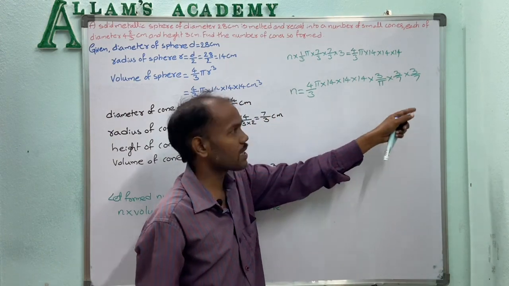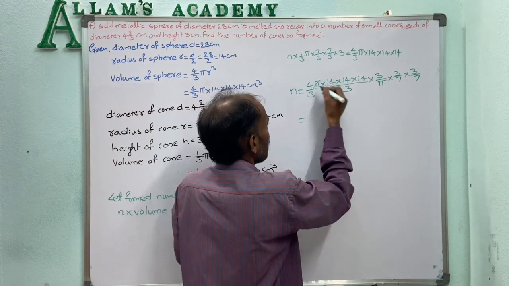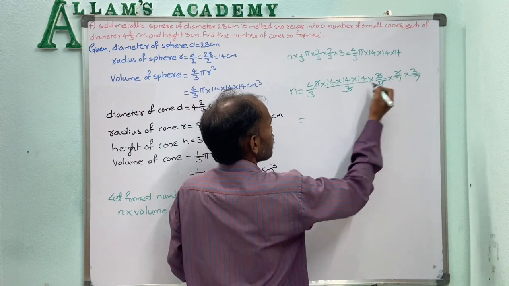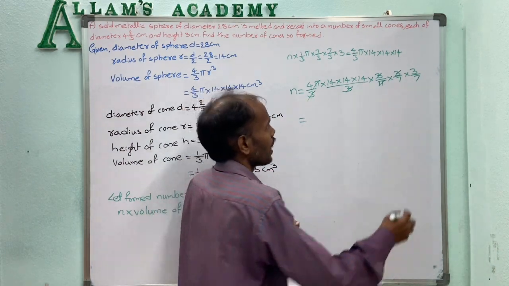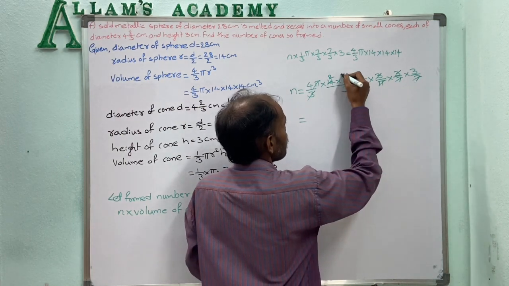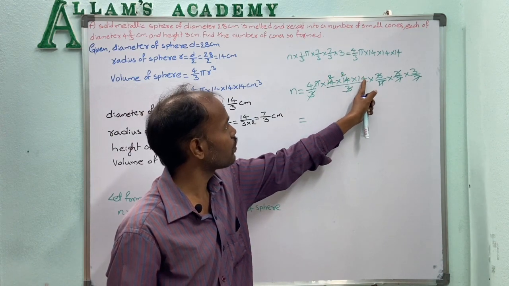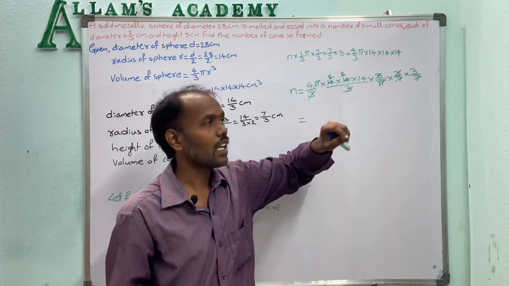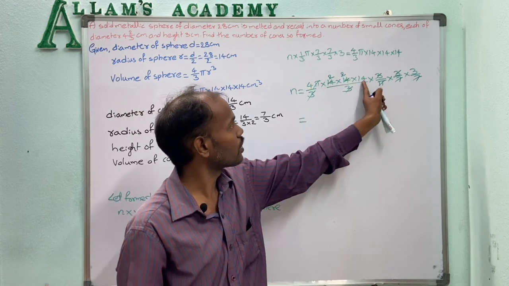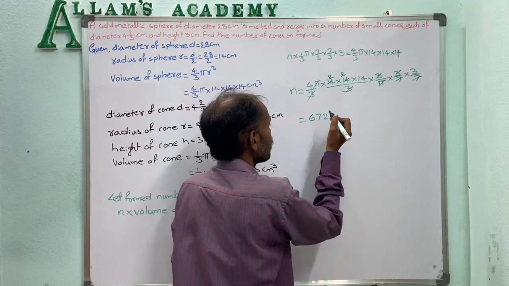Now the multiplication 3 is transferred as division, so pi and pi get cancelled, and 3 ones are 3, 7 ones 7 twos, so we remain with 4 into 2 into 2 into 14 into 3, which is nothing but 672.